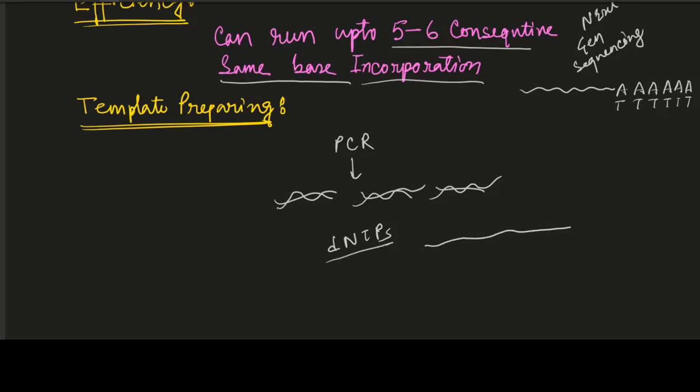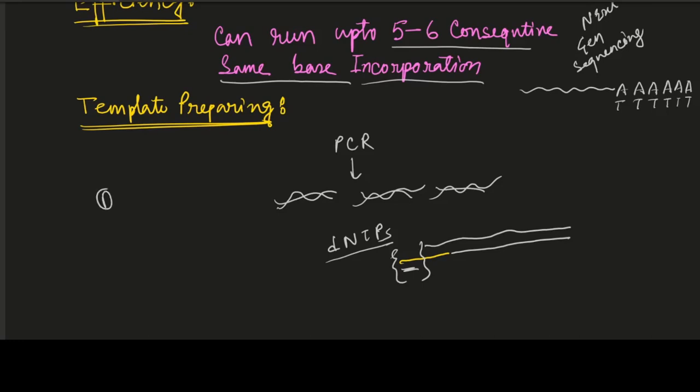Let's say this is our template in the PCR reaction, and the primer of the PCR reaction will anneal in this manner, and from that position the complementary strand will synthesize. Now we need to destroy this extra primer region. So how do we do that? To do both these jobs, we use three enzymes.